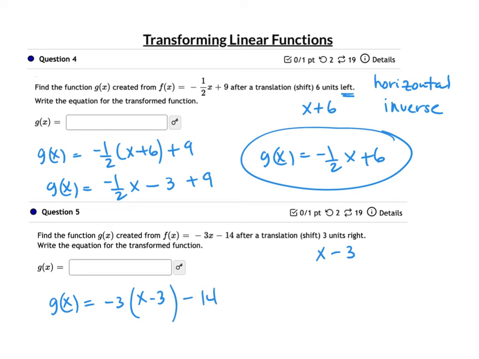And that simplifies to g of x equals negative 3x plus 9 minus 14. And that simplifies to negative 3x minus 5.